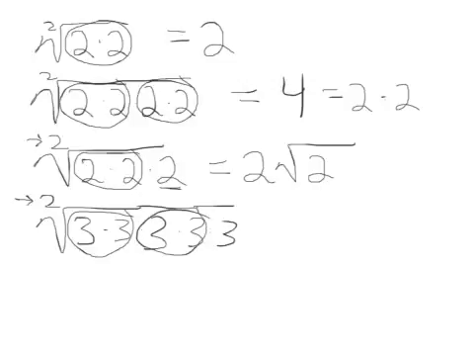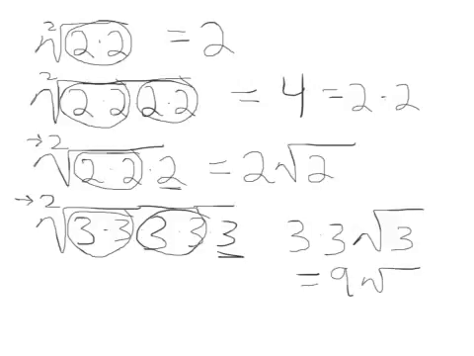For each group that we have, we're going to pull out one of that number. Because we have one group of 3's, I'm going to pull out 1 3. We have a second group of 3's, so I'm going to pull out another 3. And remaining on the inside is just 1 3. So your answer is going to be 3 times 3, which is 9, times the square root of 3. And that's going to be your simplified answer.